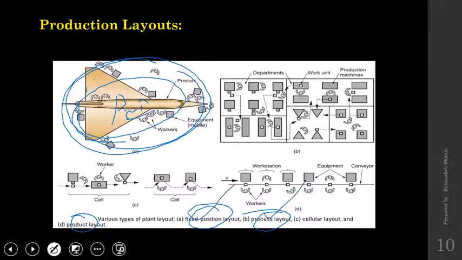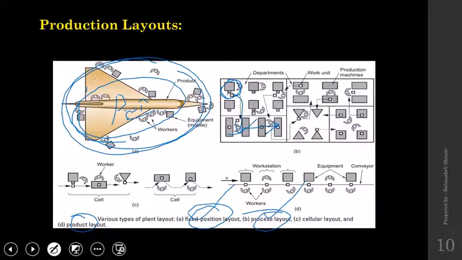The second one is the process layout. Suppose at machine 1 you perform one operation, let's say facing. For the second operation you will pass it to somebody else who deals with, suppose, threading operations. Then it will go to the second person.